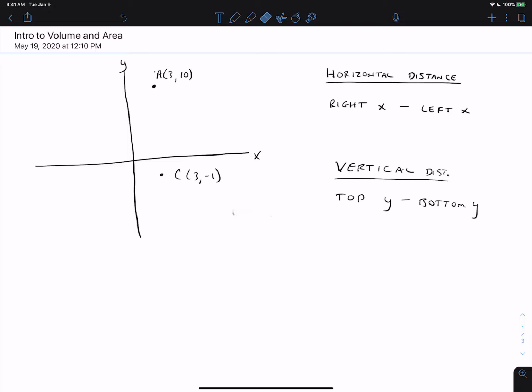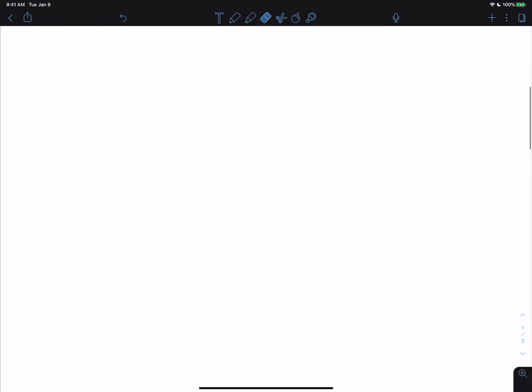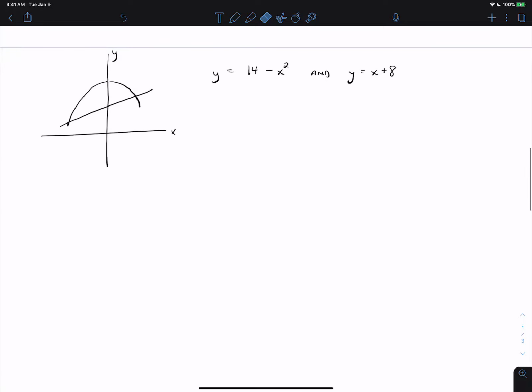That seems relatively straightforward. But when we do area and volume problems, which we'll get into soon, this becomes something that's really important to keep track of.